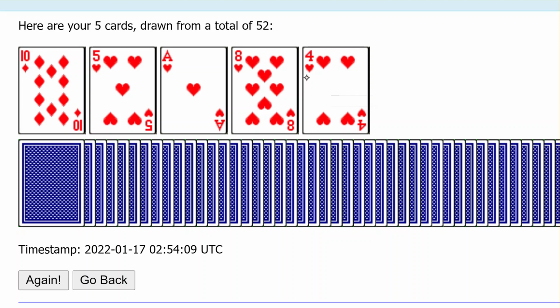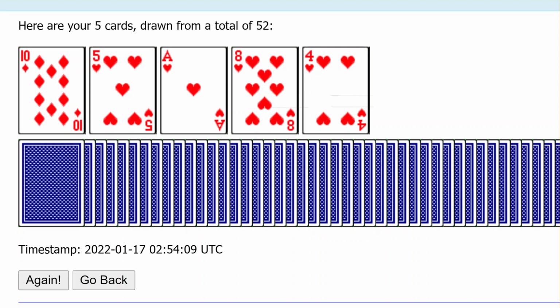This is what I'm holding in my hand right now. And if I move this 4 of hearts in front of the 10 of diamonds, it does not change the fact that my cards are still 4 of hearts, 10 of diamonds, 5 of hearts, ace of hearts, 8 of hearts. So in a hand of cards, once they're in your hand, the order no longer matters.